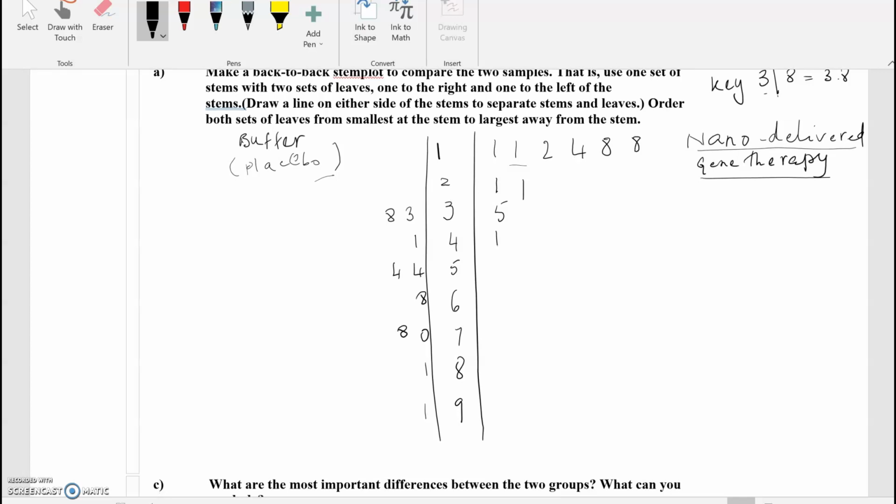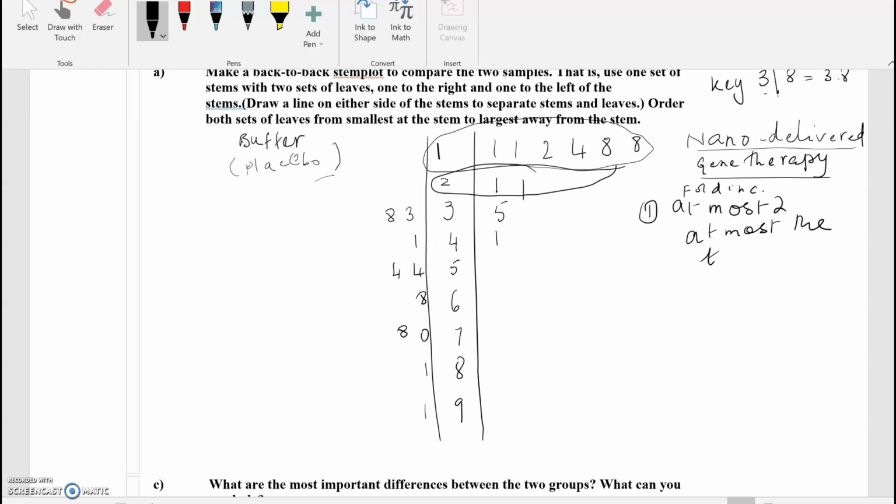Now, most of the numbers are in the first 2 rows, that is the nano-delivered gene therapy. What that means is that the fold increase is at most 2, which means that at most the tumor doubled in size.